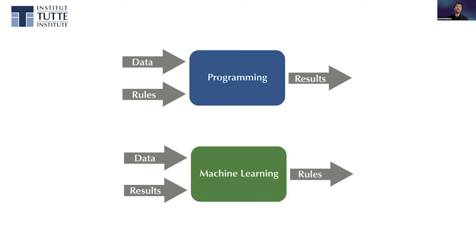With programming, you collect a whole bunch of data and some rules, probably via requirements gathering, and you write a program that allows you to turn that set of data and rules into the results you want. And it's important to just frame that because it contrasts with machine learning, where instead what we get is the data and the results we want to get out, and we push that into a machine learning model system, and it produces the rules that we would want from the programming.